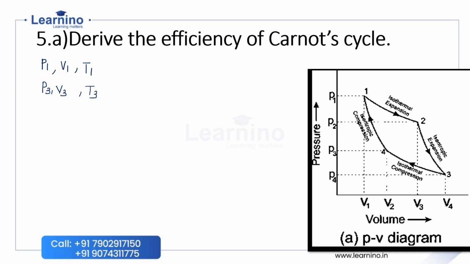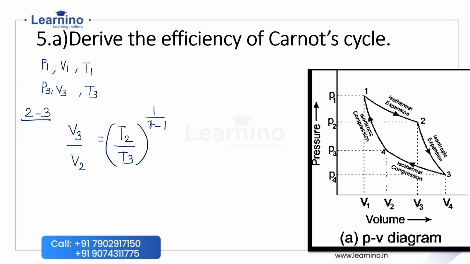And we can write for the adiabatic expansion, for the process 2, 3, V3 by V2 is equal to T2 by T3 the whole raised to 1 divided by gamma minus 1.